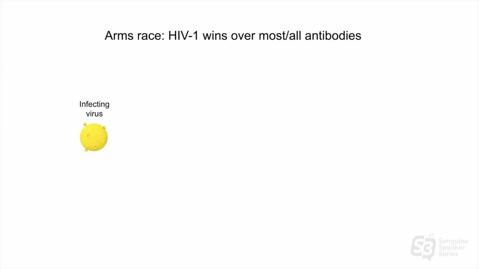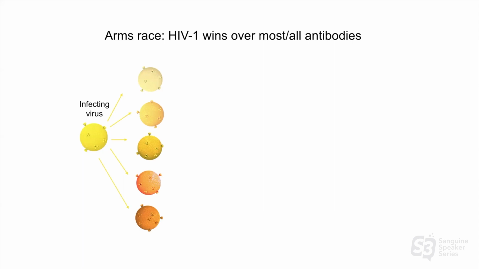That's called the transmitted founder virus. So let's call it this yellow one. When it makes copies of itself to produce new progeny, they'll be slightly different from each other, as illustrated by these color changes.